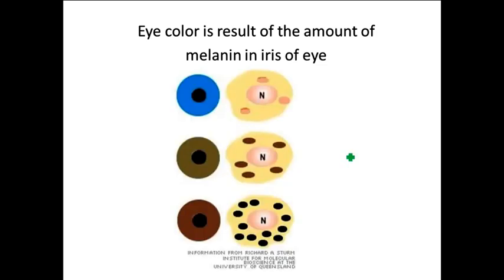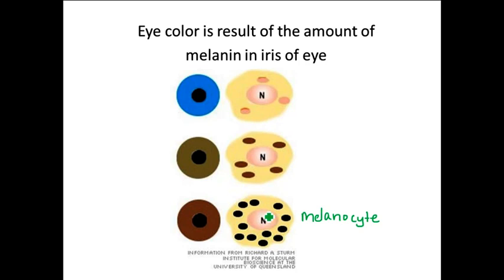So how much melanin is produced in those cells of the iris determines what color your eyes are. Okay, so let's start down here with brown eyes. This is supposed to be showing a brown eye, and then this is supposed to be a cell that's part of the iris, and it's called a melanocyte. A melanocyte is a cell that produces melanin, which is a brown pigment.